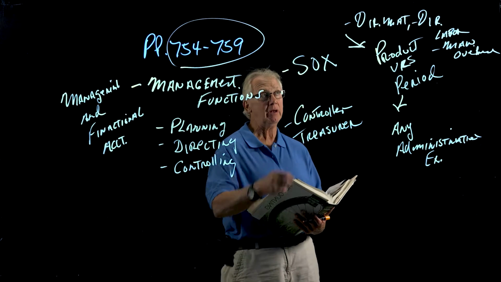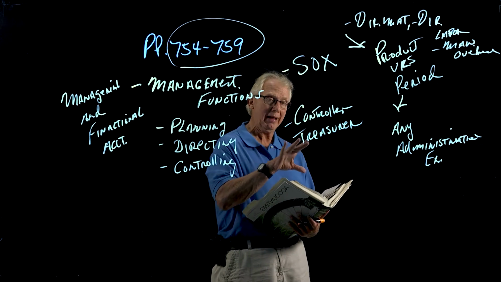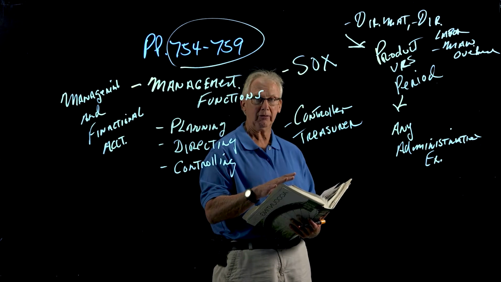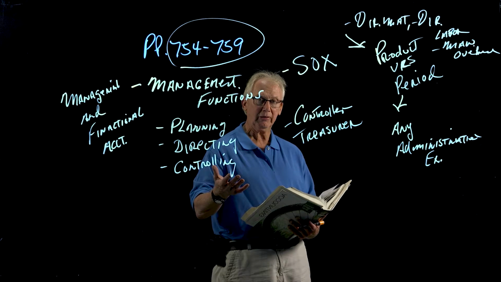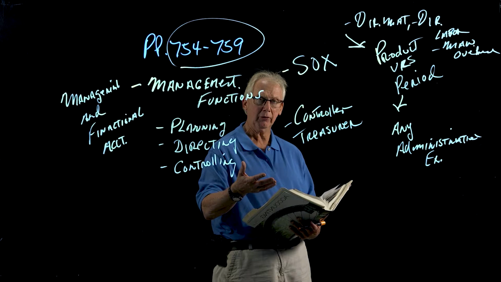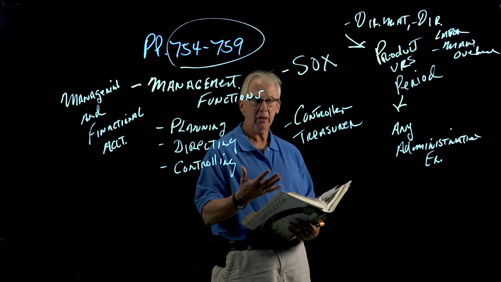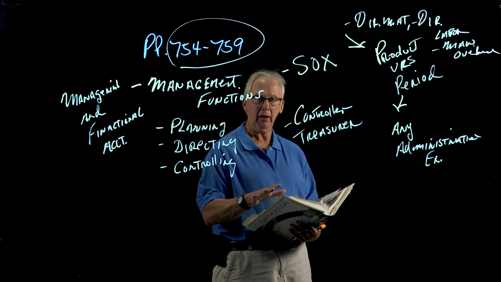Now, the difference between the product cost and the period cost is when you make a product, and you put these three costs into the product, that product, once it's finished, may go sit in the warehouse. And when it sits in the warehouse, it's called finished goods inventory. So really, it's an asset when it's sitting in a warehouse.